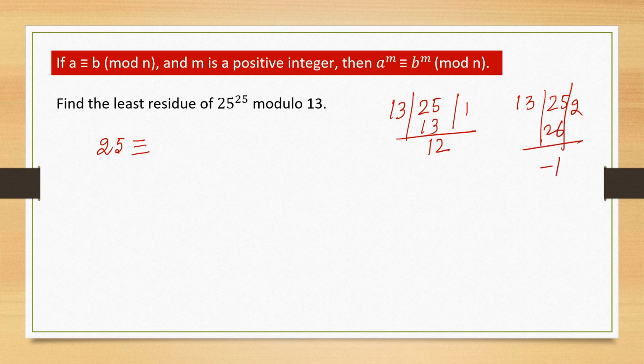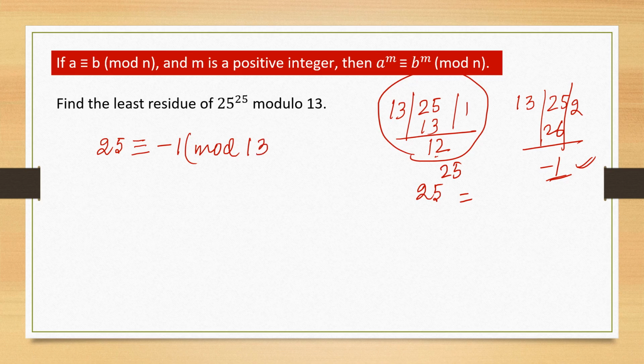Because when I take 25 raised to the power 25, either it will be 12 to the power 25 if I take this one, or negative 1 to the power 25 if I take the other. So this will be simpler, so I'll take this one. So 25 is congruent to negative 1 modulo 13. So 25 raised to the power 25 is congruent to negative 1 raised to the power 25 modulo 13.